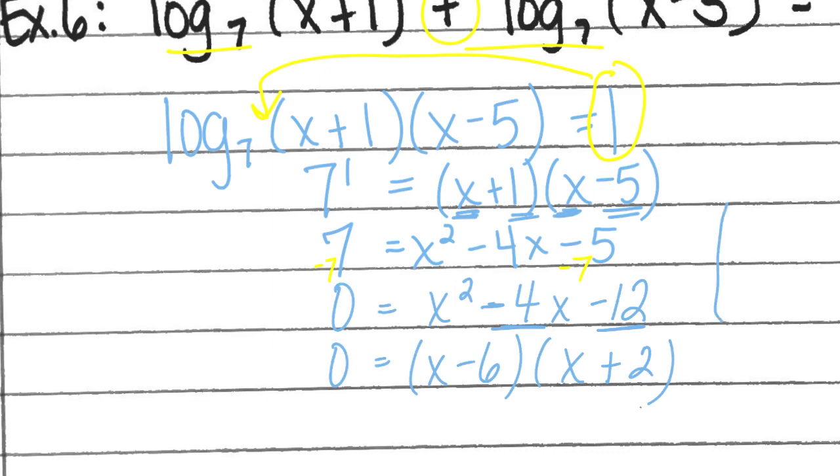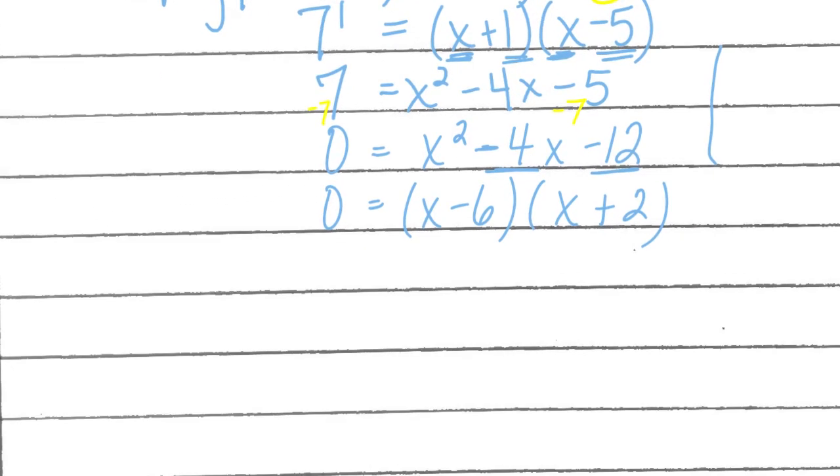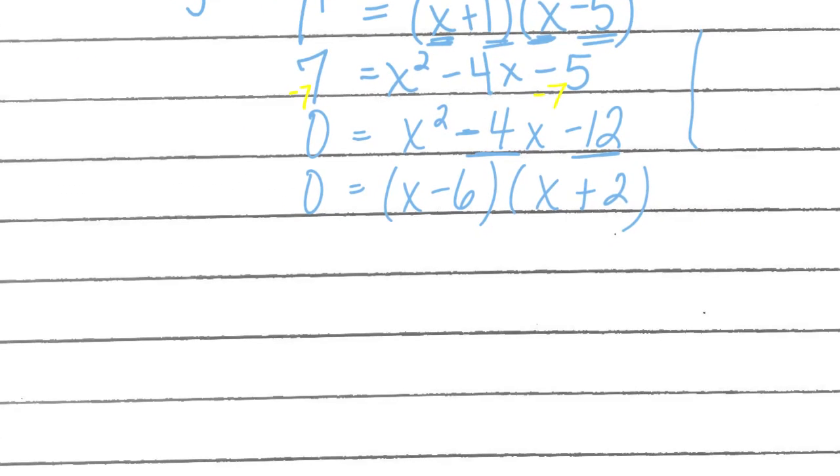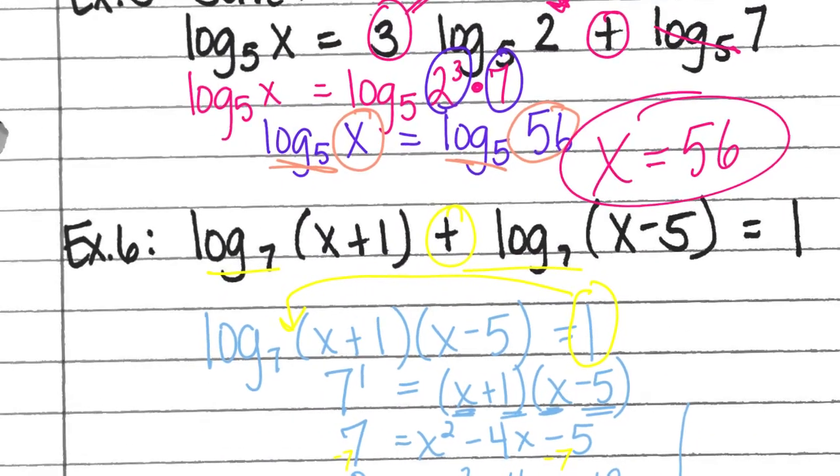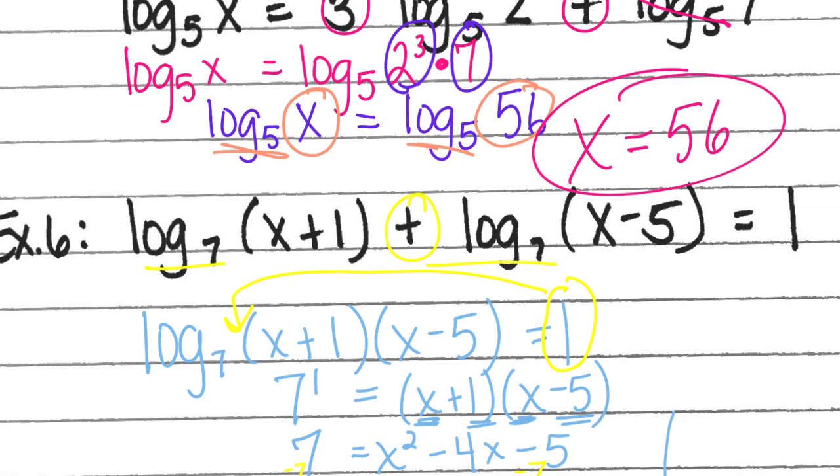So just like you, I know that the two answers can be 6 and negative 2, but with logarithms, we always have to go back to the beginning and check. So let's go ahead and put in that negative 2. I'm sorry, was it a negative 2?